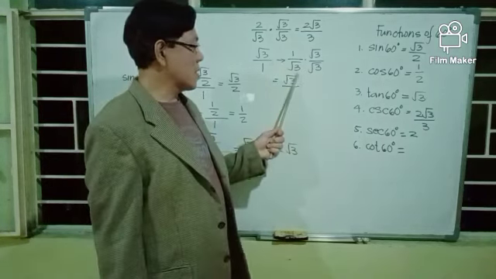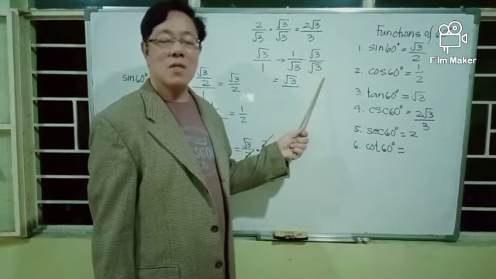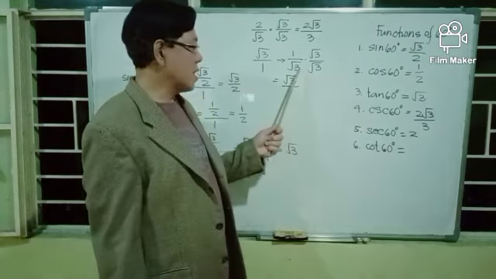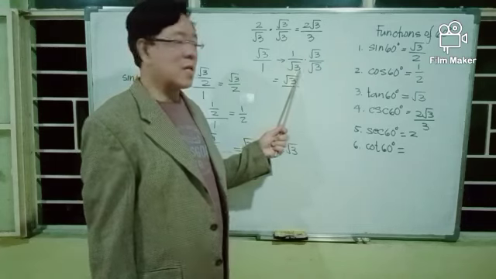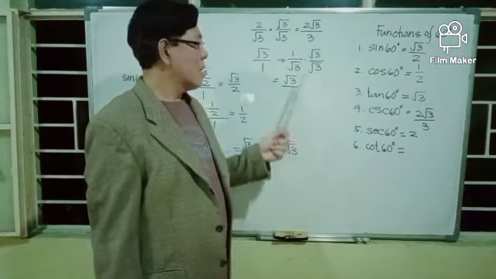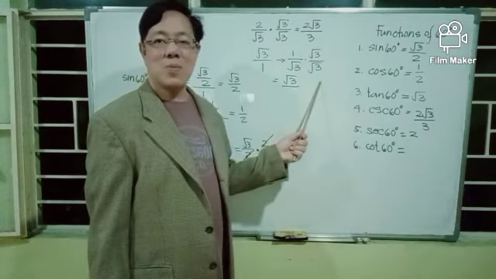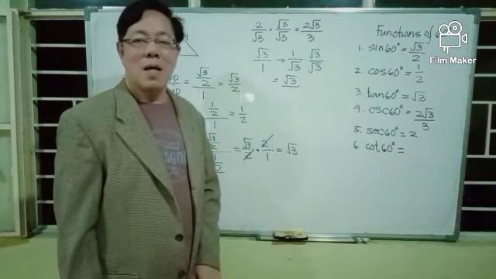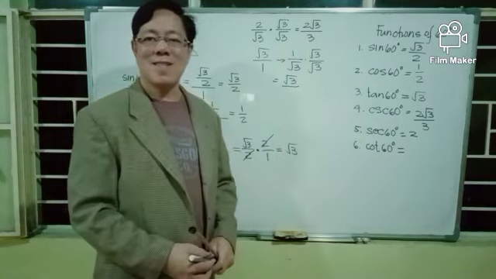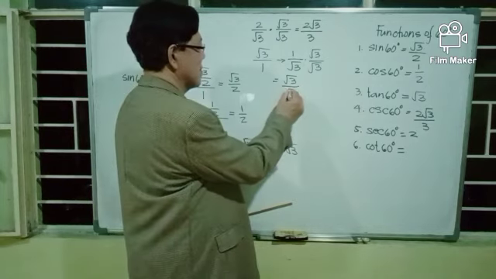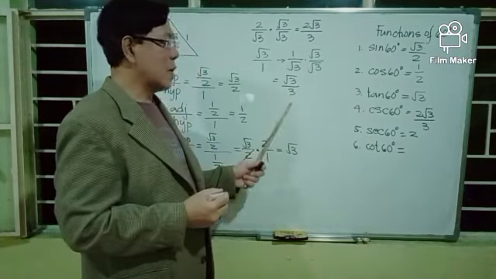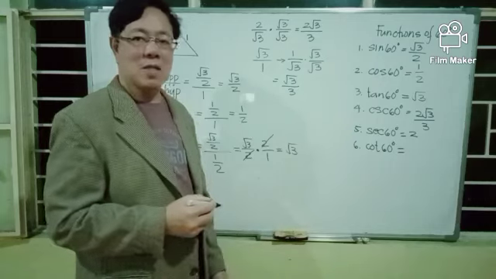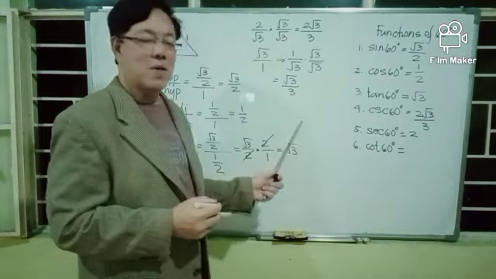And square root of 3 times square root of 3 is square root of 9, where 9 is the product of the radicands 3 and 3. And square root of 9 is 3. This is now the value of cotangent of 60 degrees, square root of 3 over 3.